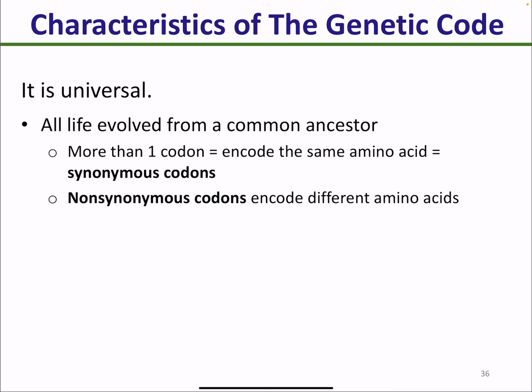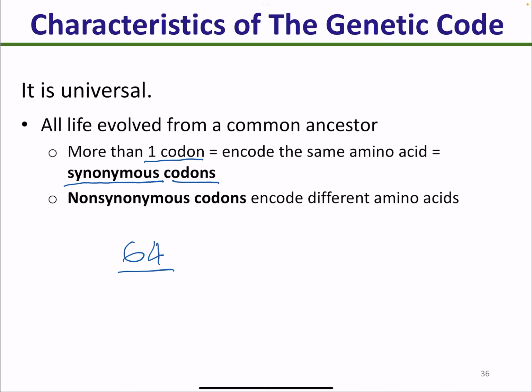Now know that because we have 64 possible codons, some amino acids are going to be encoded by more than one codon. All codons that encode the same amino acid are what we call synonymous codons, synonymous because they all encode the same amino acid.